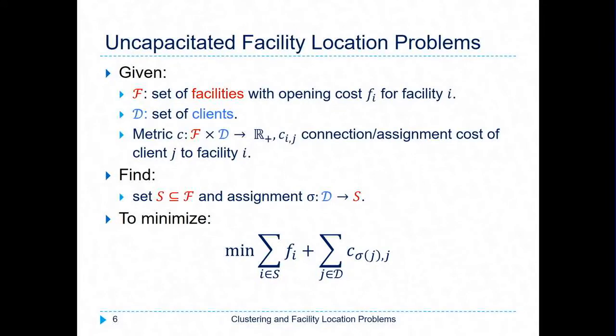So let me give you a formal definition of the problem. We are given a set F of facilities, and each facility i has an opening cost f_i. We are given a set D of clients, and these facilities and clients are located in a metric.